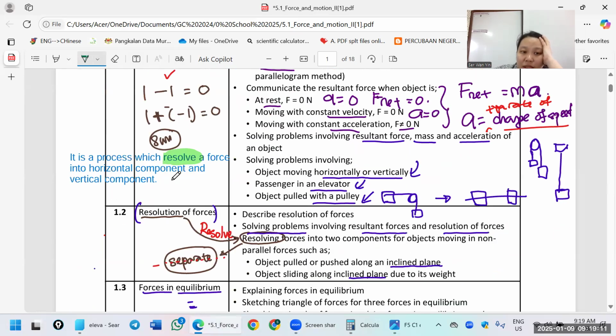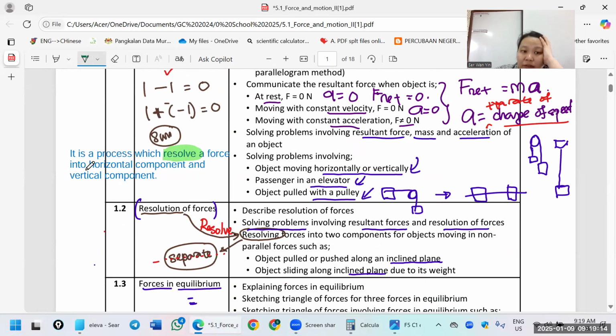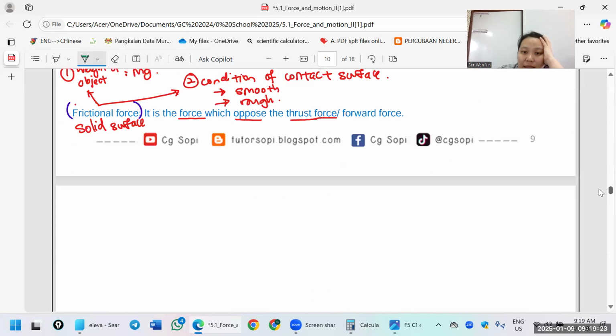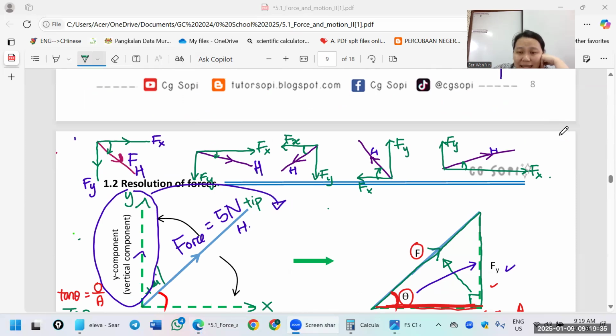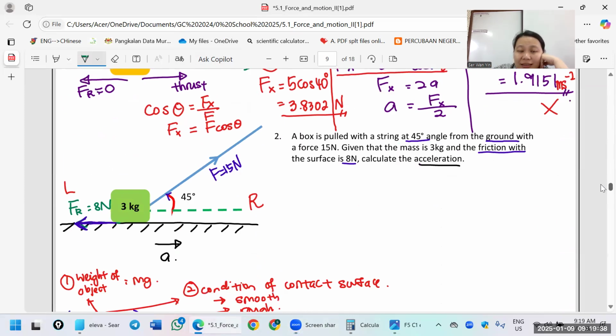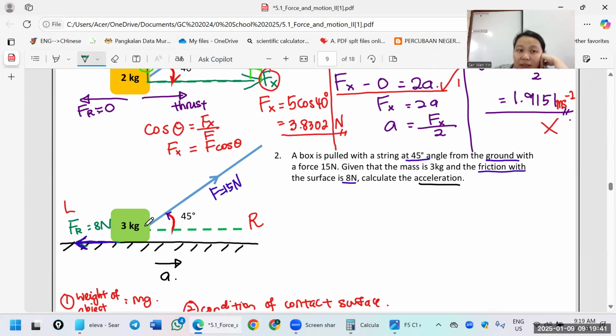Resolution of force is a process to resolve a force into horizontal and vertical components. Look at this, 1, 2, 3, 4, 5. Can you remember now how to resolve the force? Yes, Tip and Kim, very good. So from here, this is like this, then like this, so you will get Fy and Fx.